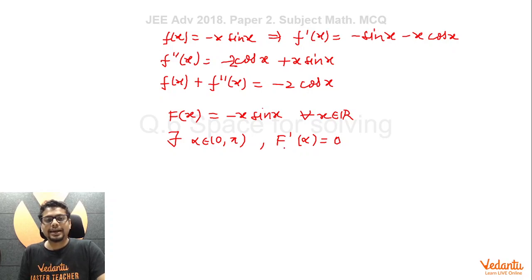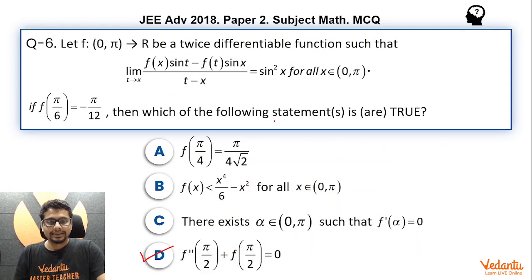And since capital F of x and small f of x coincide in this interval 0 open to pi open, there will be the same alpha for which small f prime alpha would also be 0. So a bit of subtlety here. Just to emphasize, I have taken capital F of x, otherwise you would have just gone with small f of x also. So that means C is correct too.